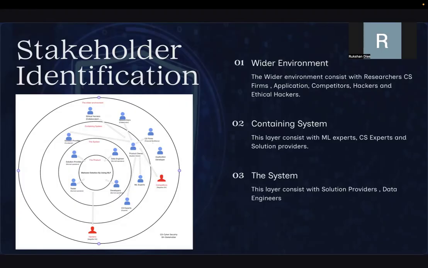Basically, solution providers and data engineers will be the main characters here, because they are the ones who provide new ideas on how to enhance this system to track the latest malwares.